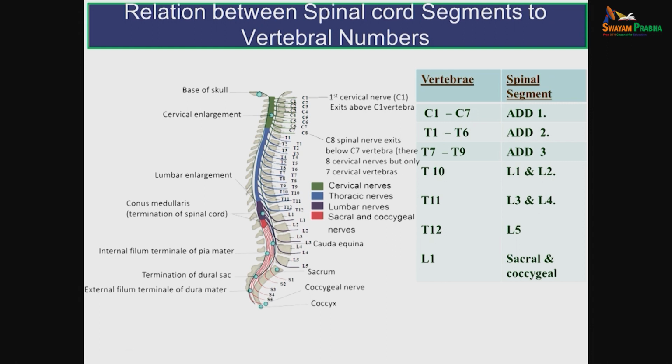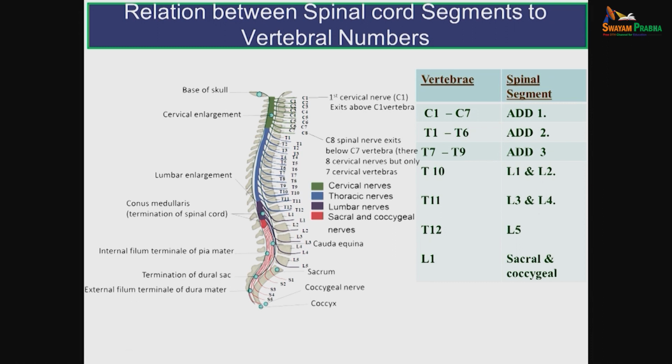As I already mentioned, this is because of the rostral shift of the cord, which ends at the level of the lower border of the L1 vertebra. In T1 to T6 vertebrae, you have to add 2. T7 to T9 vertebrae, add 3. That is, the T9 vertebra, you add 3, will correspond to the T12 spinal segment.